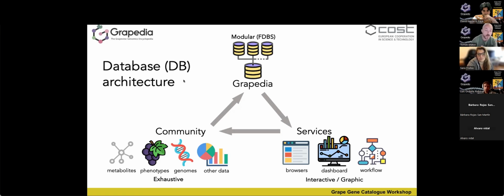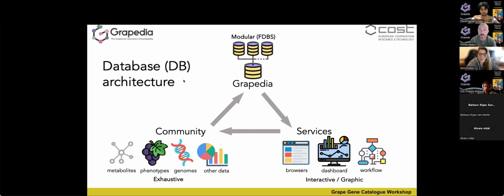We expect to have a module related to transcriptomes, a module related to genomes, and a module related to gene function data, so literature-related data, right? The idea is that these modules interoperate, and you will be able to jump from one module to the other in one single user interface.